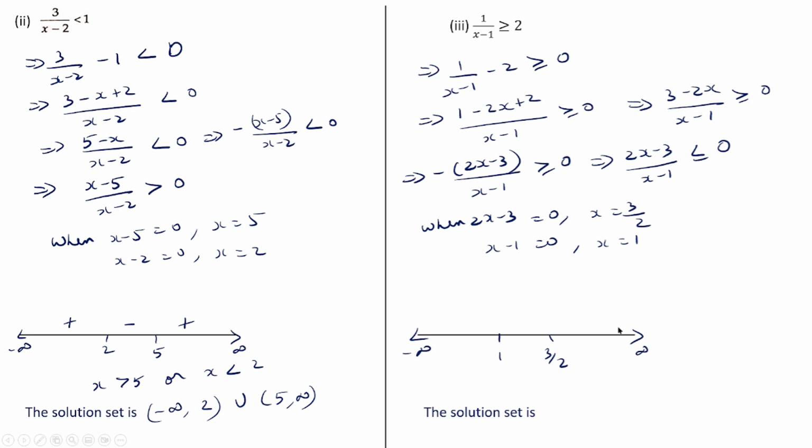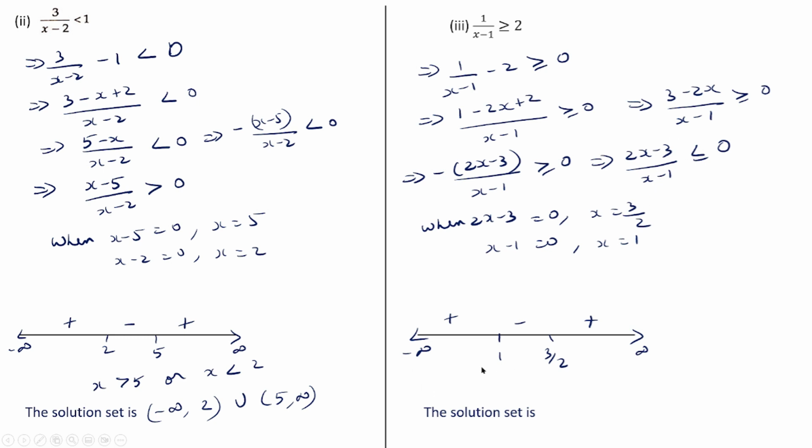Again, starting from the right, the value of this function will be positive. So it will be alternatingly positive, negative, positive. We can check any values in this interval and confirm with this function. So here in the interval 3 by 2 to infinity, it is positive. In the interval 1 to 3 by 2, this function 2x minus 3 by x minus 1 is negative.